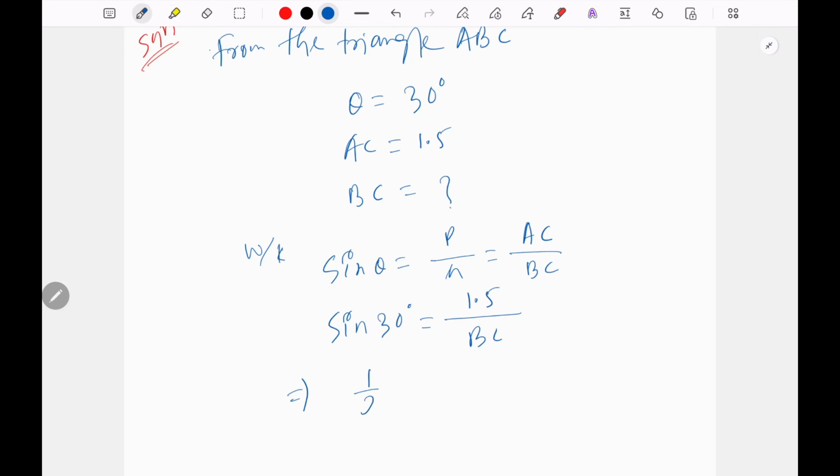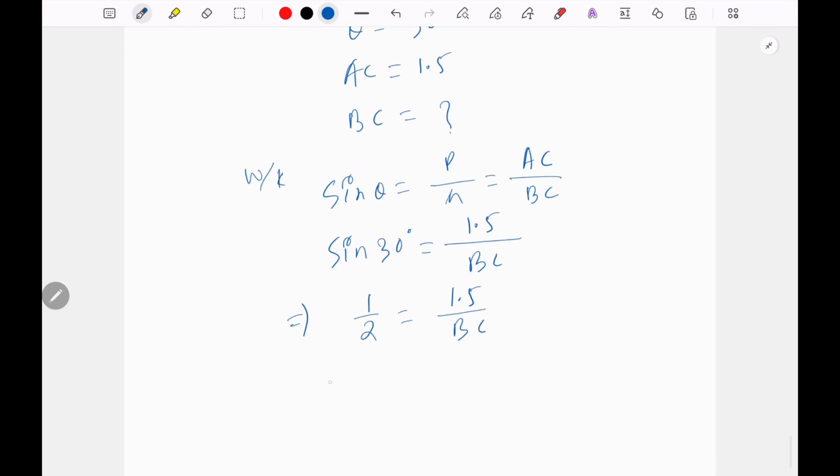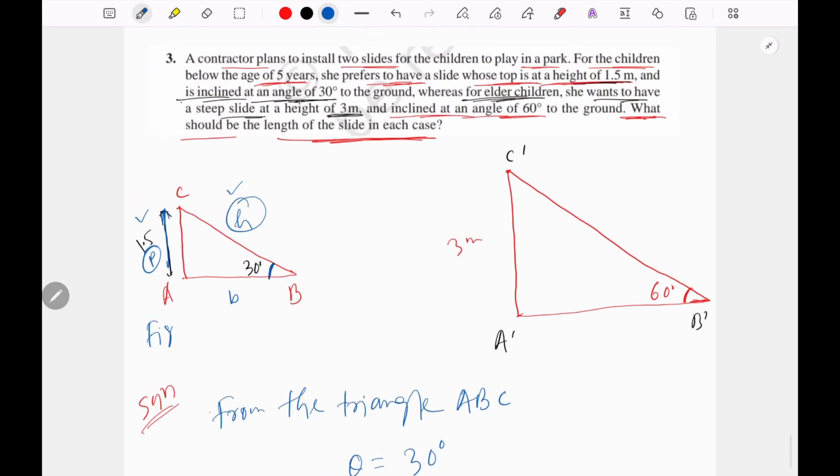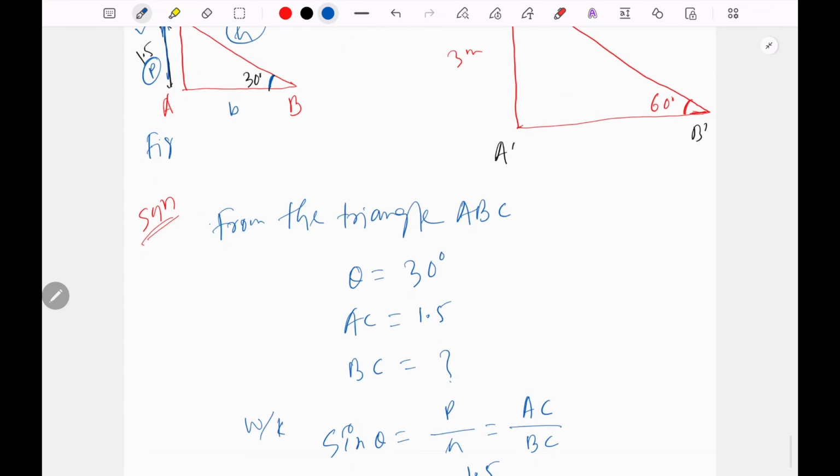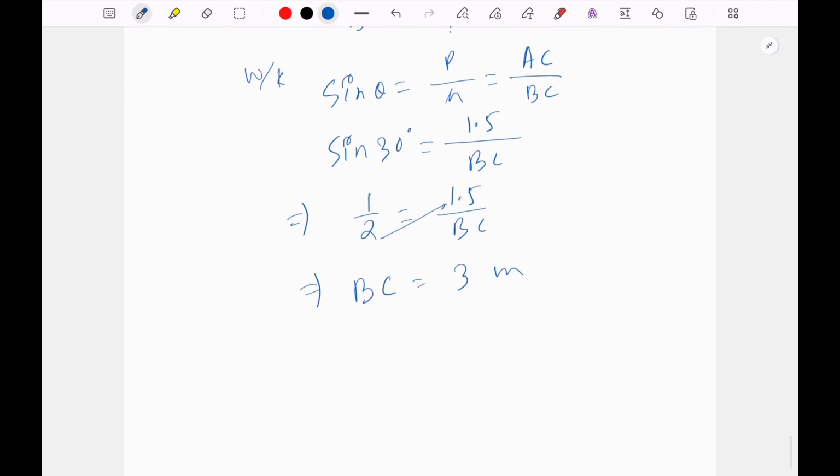Sin 30 means 1 by 2, equals 1.5 by BC. So from here we can find BC by multiplying 2, 1.5 into 2 is 3. So BC is 3 meter. The length of the first slide is 3 meter.